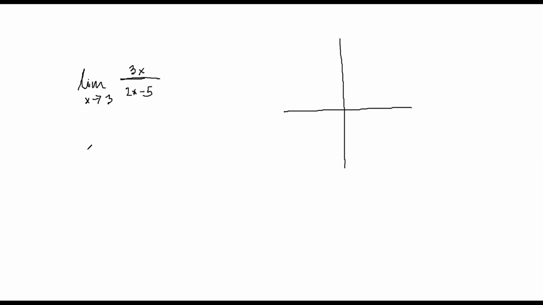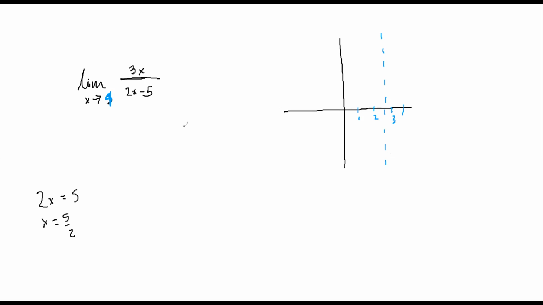The point where this would be 0 is x equals 5 over 2. So if x were to equal 5 over 2, then this thing would be 0. And so we have an asymptote there that we know about, right? So let's call that 2.5. So here's 3. And I'm going to change this to 4, so we're a little bit further away from the asymptote.